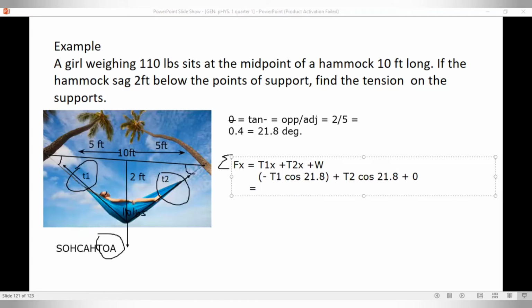And this is equal to, cosine 21.8 is equal to 0.928. So negative T sub 1 times 0.928, plus T sub 2 times 0.928.